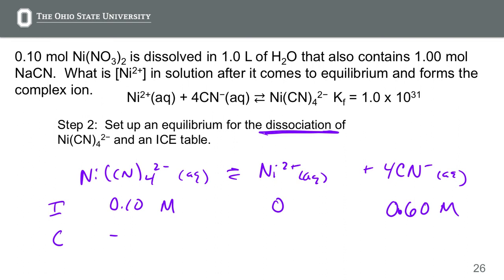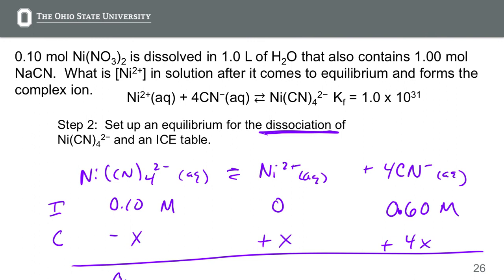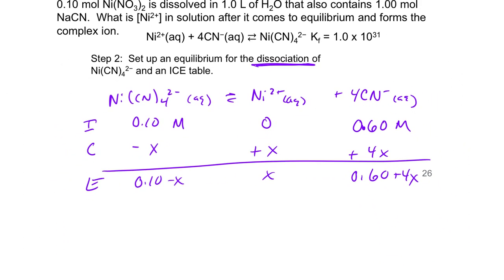So our change is minus some amount X for the complex ion, plus X for the nickel, and plus 4X for CN minus. And so we can figure out our equilibrium line here. So we now need to set everything equal to our KD value. In the problem we were given KF, okay, so our equilibrium is for the dissociation.